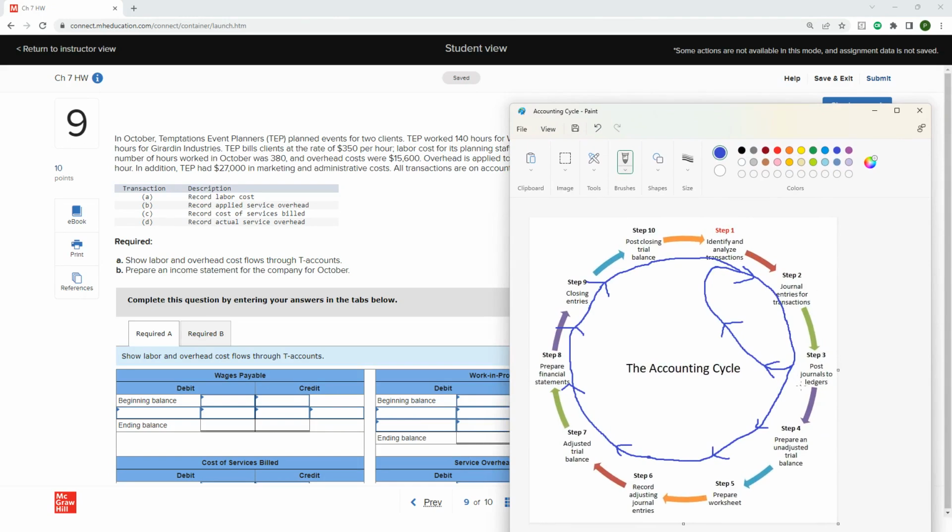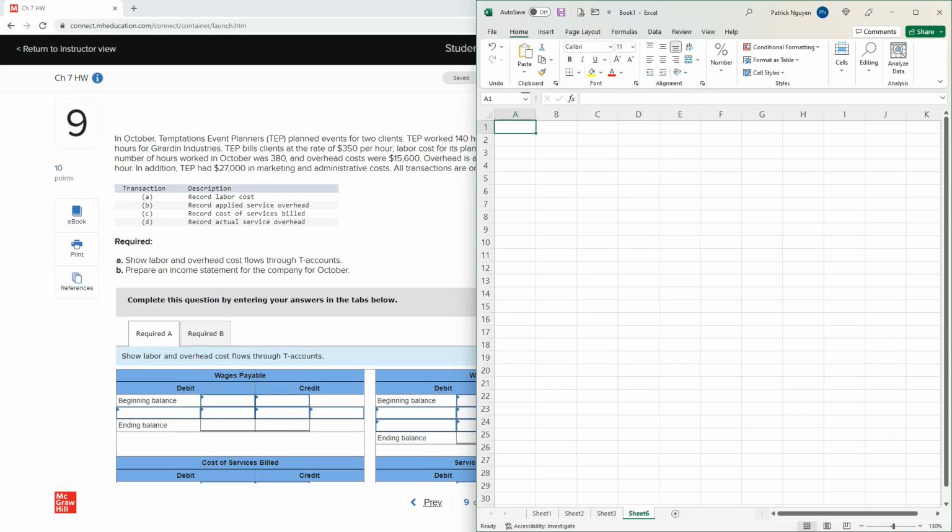So let's begin. To record labor cost, we first have to calculate what that cost is. It tells us that we pay $140 per hour, and we spent 140 hours for Ward Corporation. That would be $19,600.